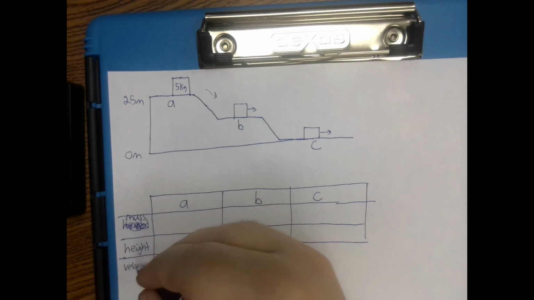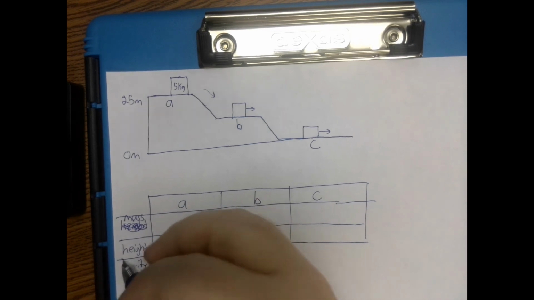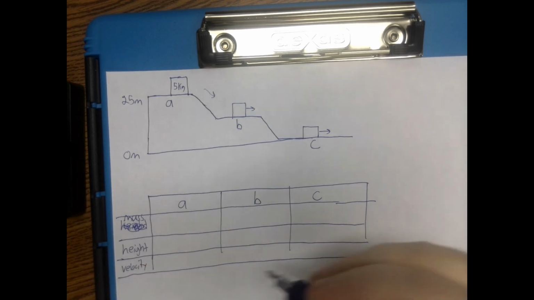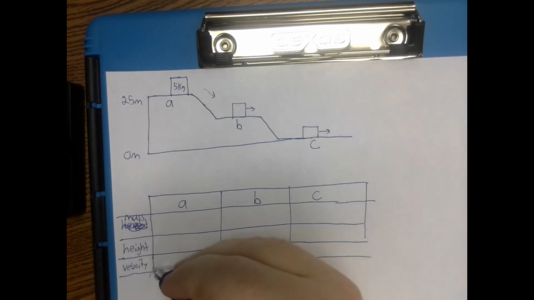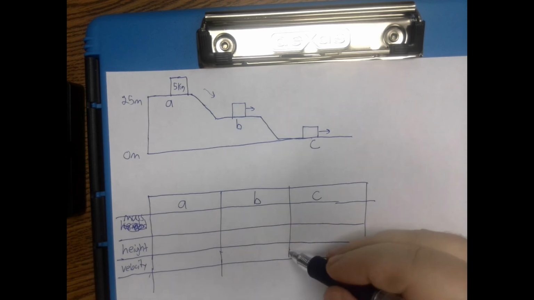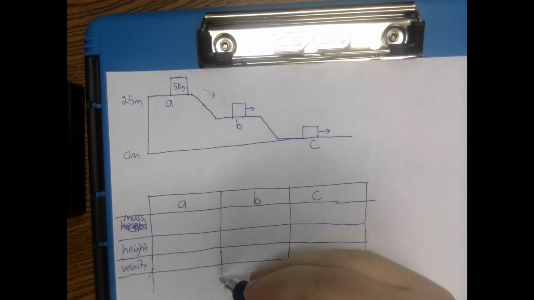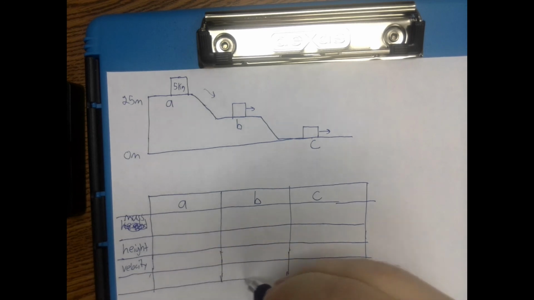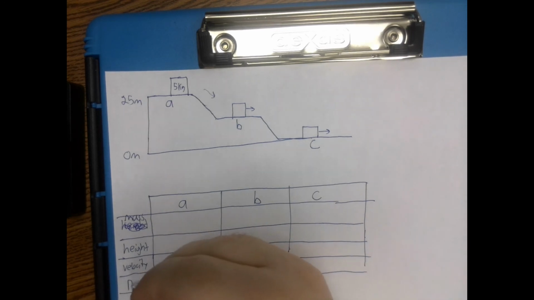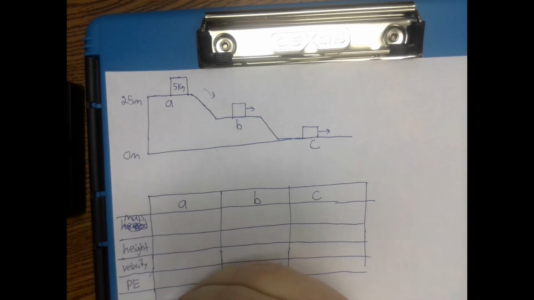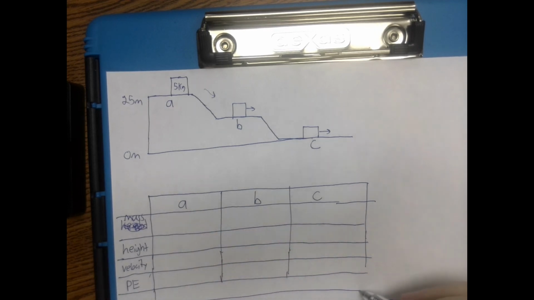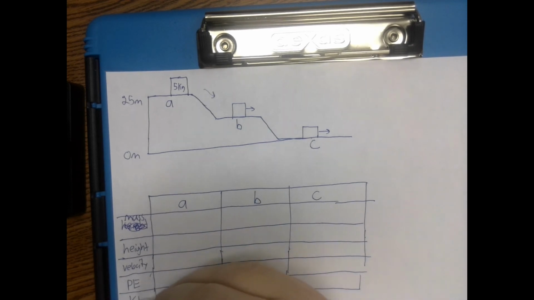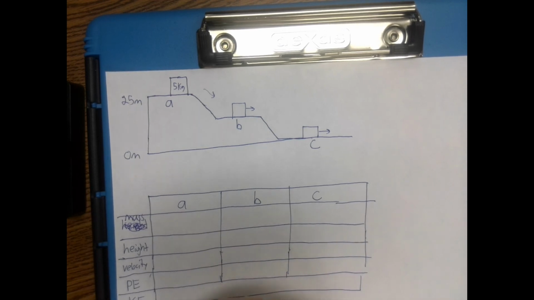This is velocity. I really could have also plugged in G to this table, but it's constant. This is potential energy. This would be kinetic energy. And this would be total mechanical energy.